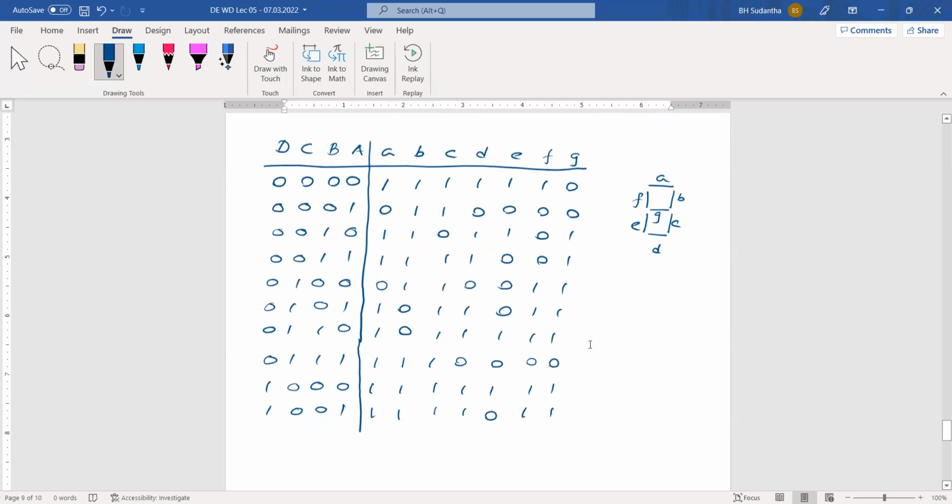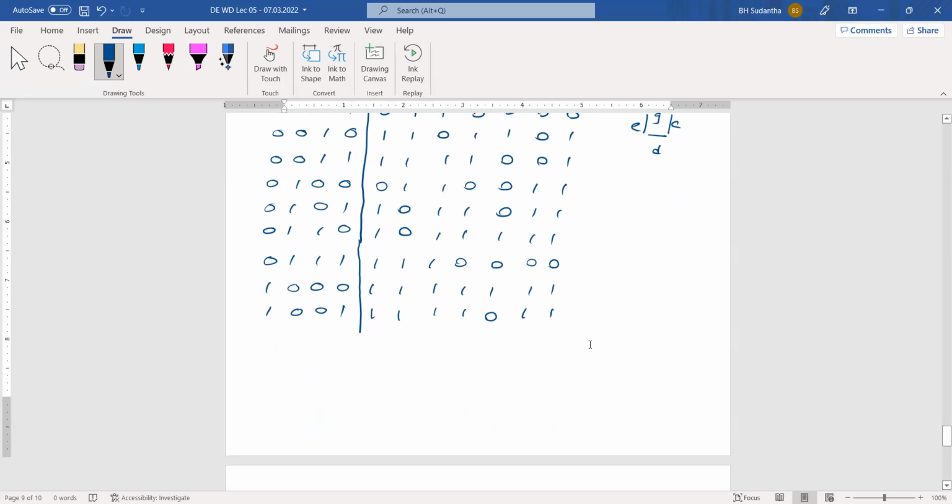After 9, what can we do? After 9, what are the available values?